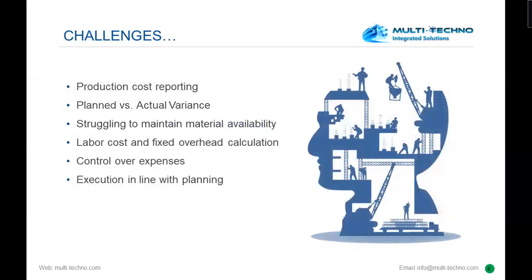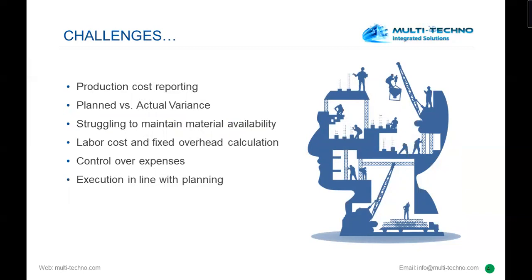So we will move on to the challenges that we face in ERP. Starting with production cost reporting, we will solve these problems by affecting costing calculation on each step. We will calculate costing at the end of material, at the end of services that we have charged, and at the end of labor charges.